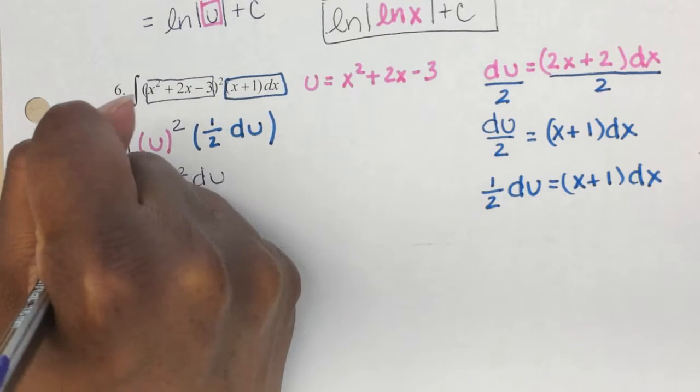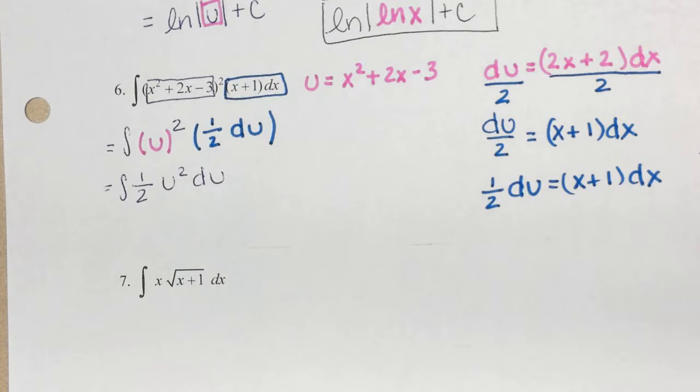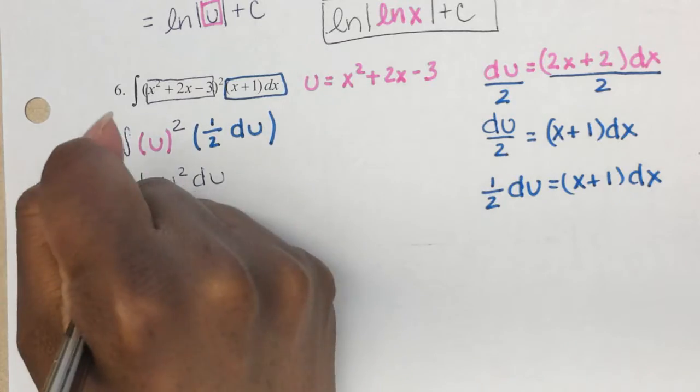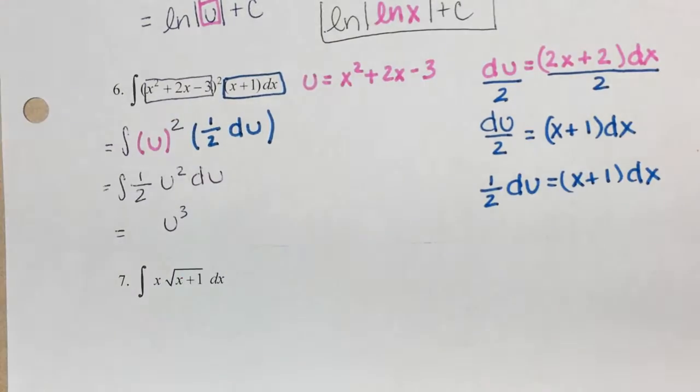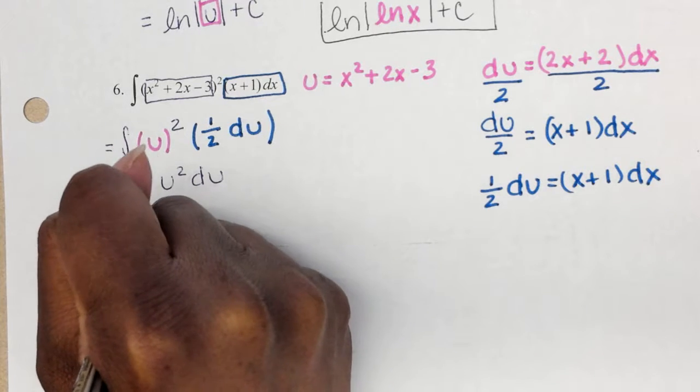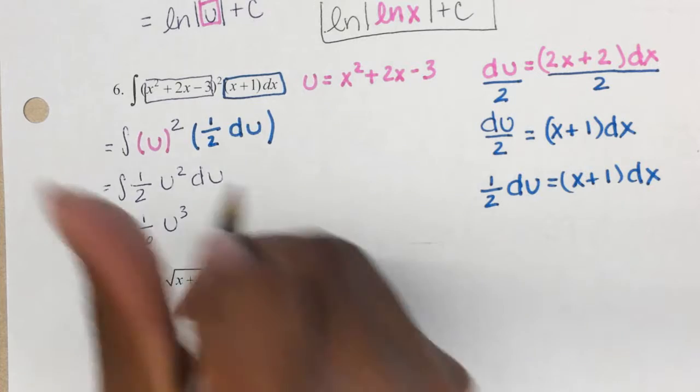And when I take the antiderivative of that, add 1 to my exponent, so u cubed, divide my coefficient by my new exponent, so 1/2 divided by 3 is 1/6 plus c.